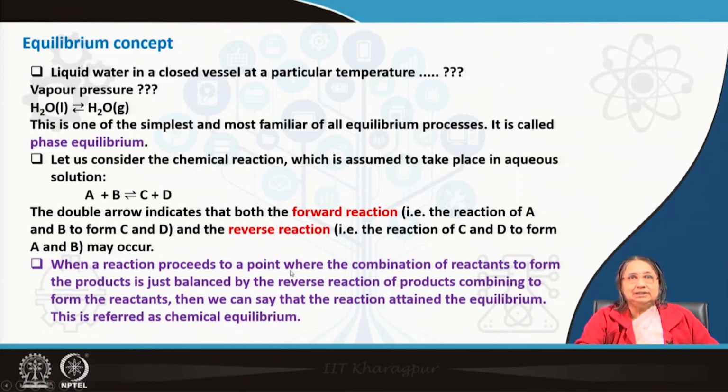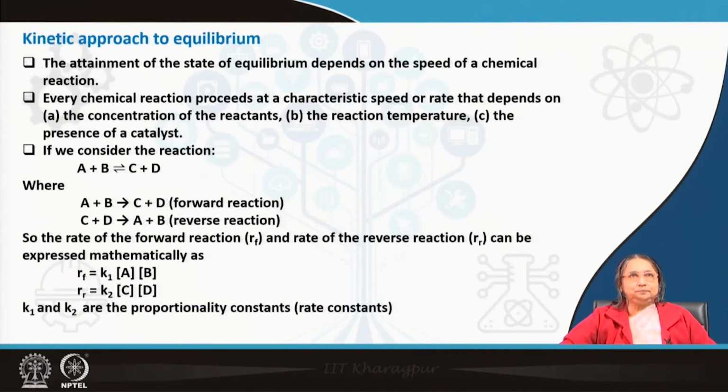When a reaction proceeds to a point where the combination of reactants to form the products is just balanced by the reverse reaction of products combining to form the reactants, then we can say that the reaction has attained equilibrium. At the equilibrium point, A and B react to form C and D, and at the same time the same amount of A and B is produced from C and D. In a simple way, we can say no more conversion takes place. This is chemical equilibrium.